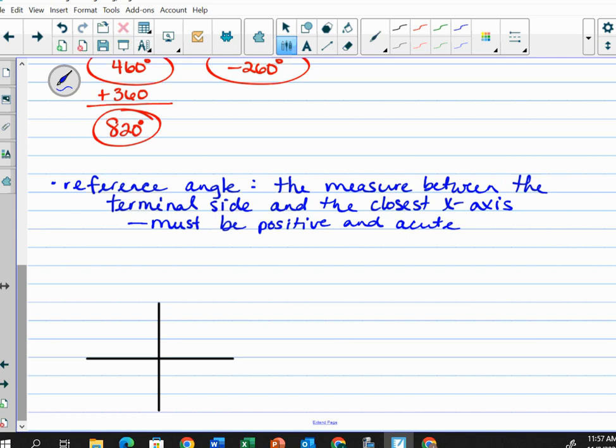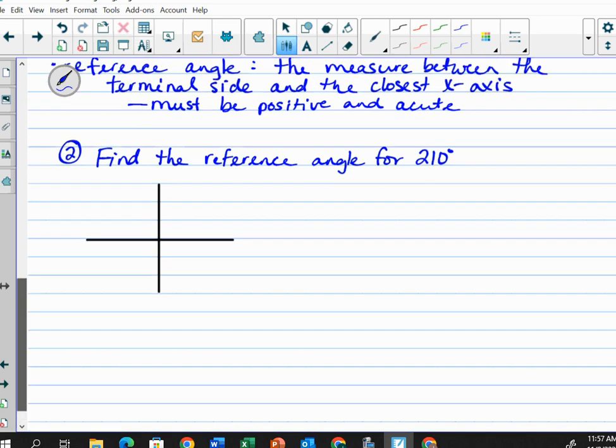Okay, so let's try one. Find the reference angle for 210 degrees.